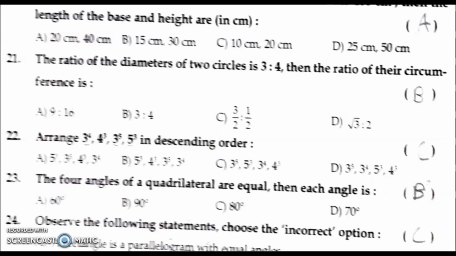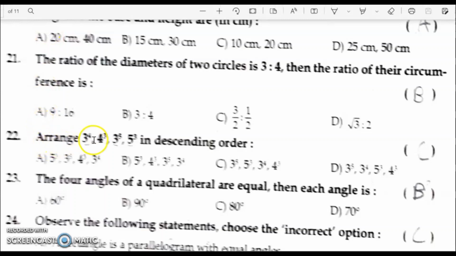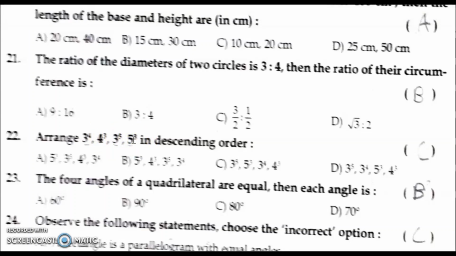Then the ratio of their circumferences is also 3:4, since both are just multiplied by 22/7. Next, arrange 3^4, 4^3, 3^5 and 5^3 in descending order.